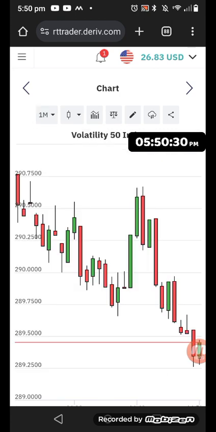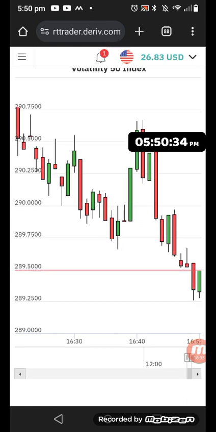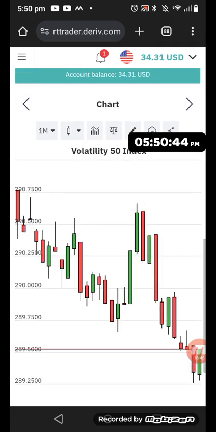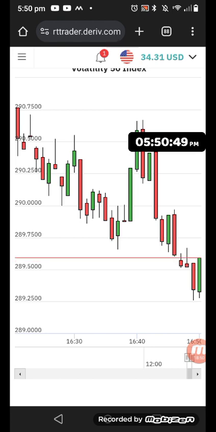The bar is already moving. The candlestick had already moved, but it wasn't moving in time. So you can see I've won my trade. I traded that based on the opening and the closing of the bar.